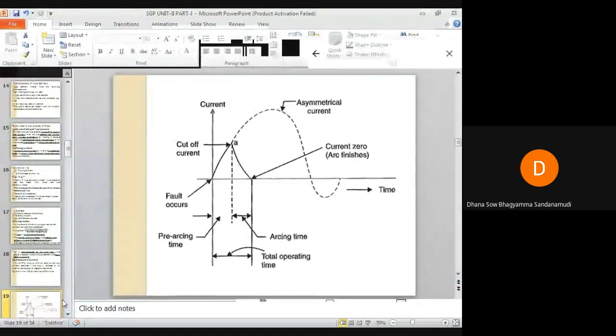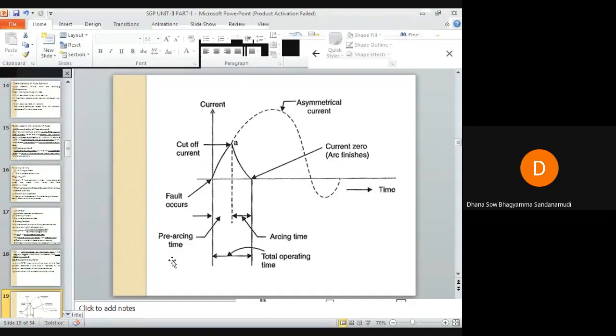Let us assume in a circuit to be protected, a fusing element is connected and some short circuit fault has occurred in that circuit.